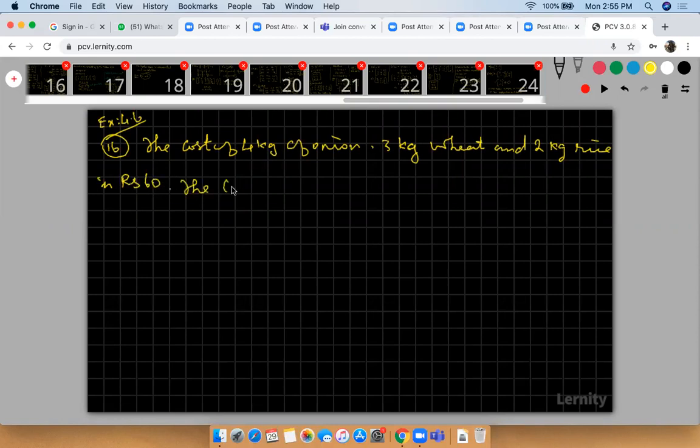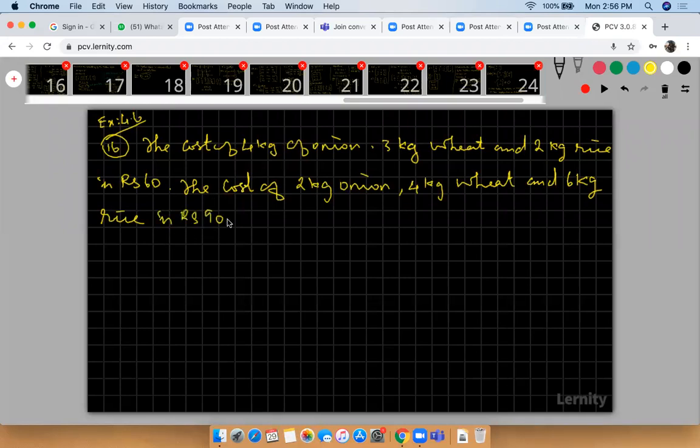The cost of 2 kg of onion, 4 kg of wheat, and 6 kg of rice is rupees 90.